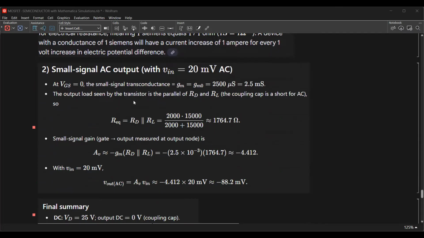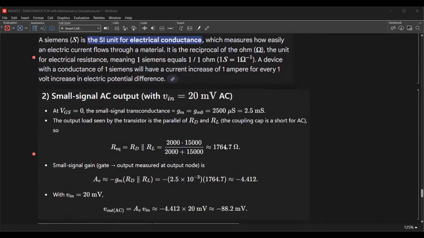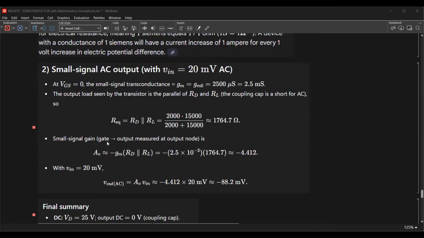The output load seen by this transistor is the parallel of RD and RL. The coupling cap is a short for AC. So RD and RL here are in parallel, and the equivalent value here is 1764.7 ohm.